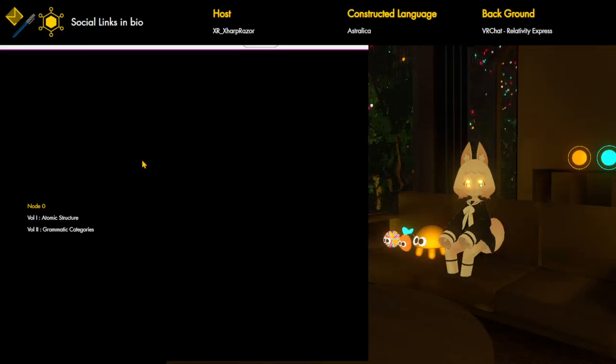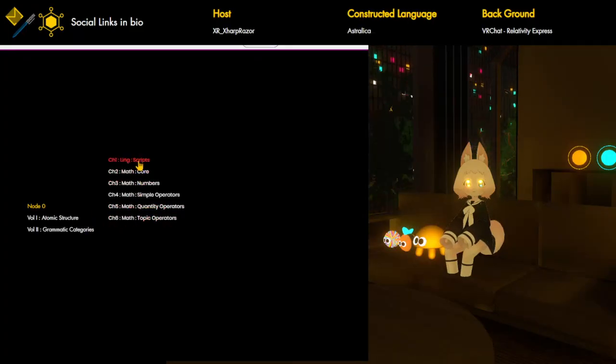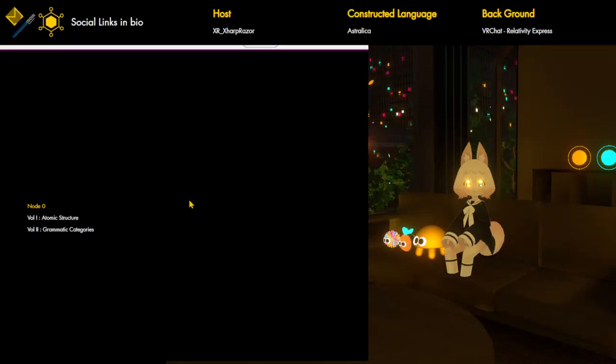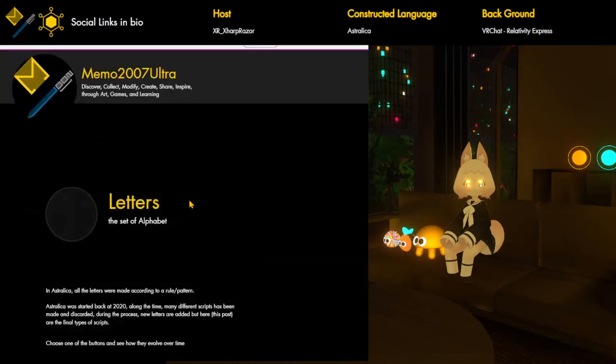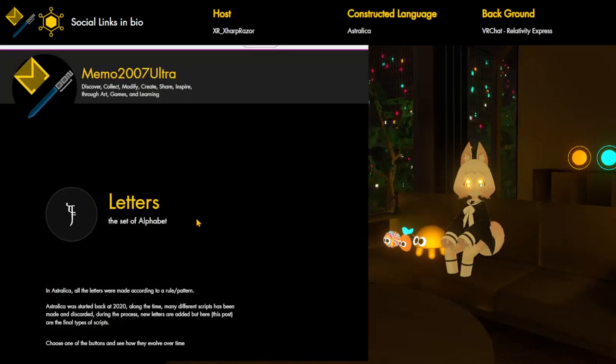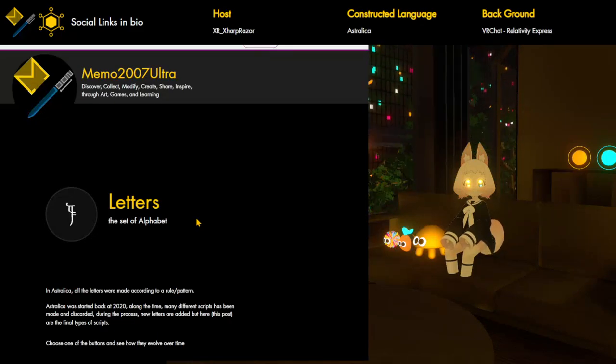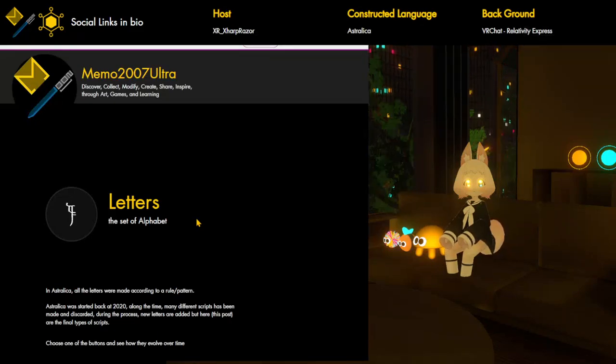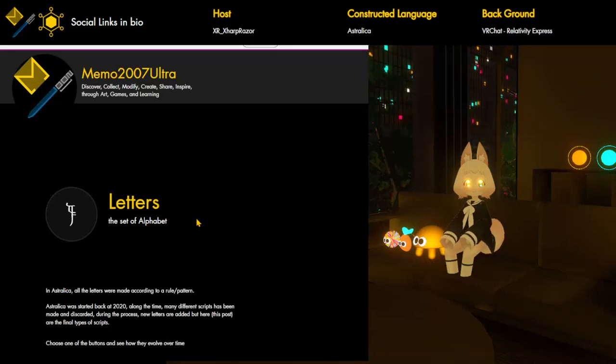First thing first is the scripts, like the glyphs. Most of the time when it comes to conlangs, what we expect is we just immediately dive into our phonetics inventory table.